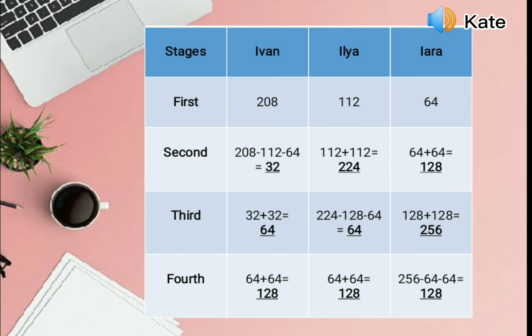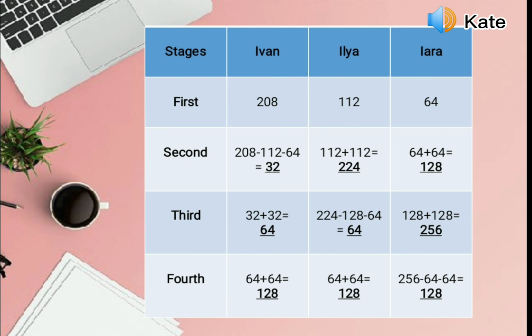For Ilya, we have 32 and 32. We add them, so 32 plus 32 is equal to 64.